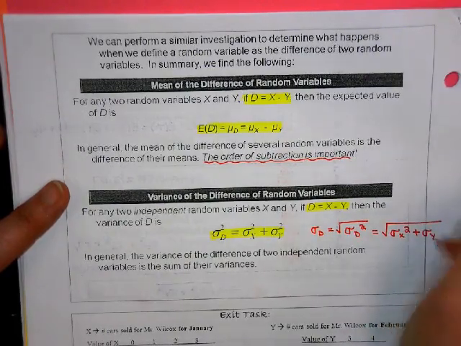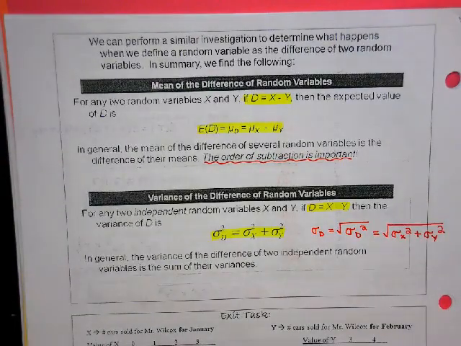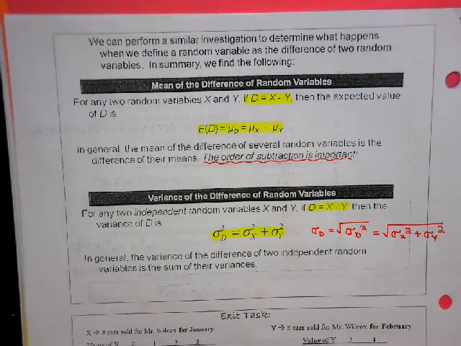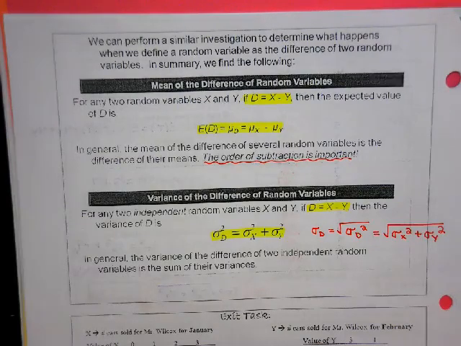Now, down below is the exit task, but we're going to do it together because it is a difference problem, so it's different than the previous one. So this way we can see a difference. One together. Everybody okay if I move up the paper?